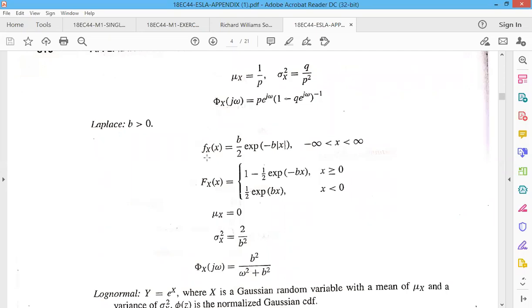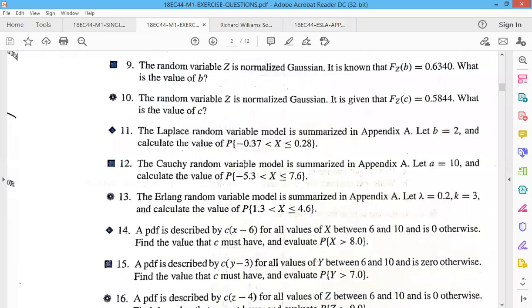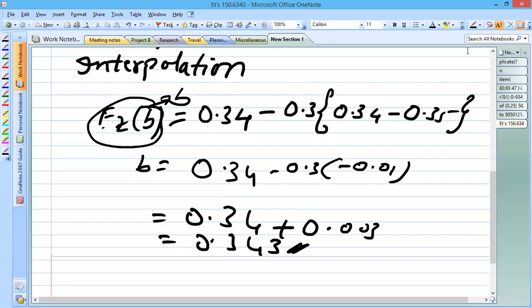So here we will be using the CDF in order to calculate the value of the probability that is being given as P of minus 0.37 less than X less than or equal to 0.28. So here I'll just share the screen of the notebook so that you understand how to solve this.